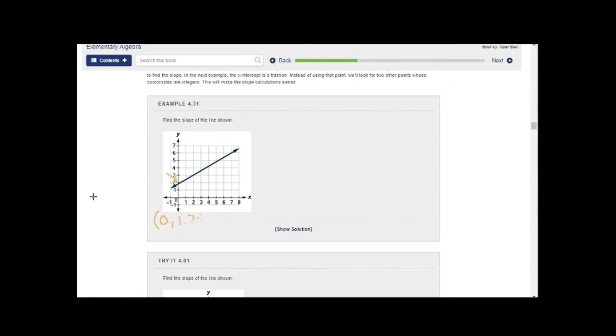But at this point, we don't know what the exact y-intercept is. Remember, we want integers. So let's find 2 spots where they're integers. Here's one, and here's one up here almost at the end. Okay, so let's find our slope. The rise is 1, 2, 3. The run is 1, 2, 3, 4, 5. 3/5 is the slope of this line.